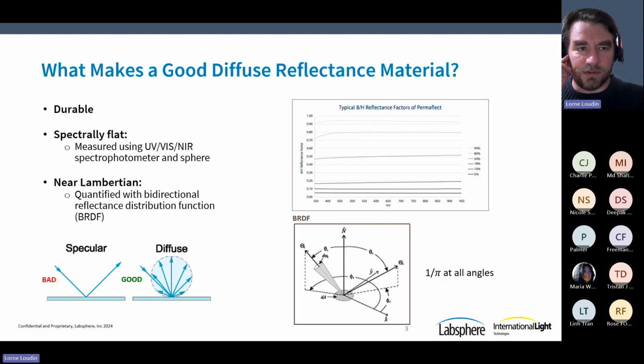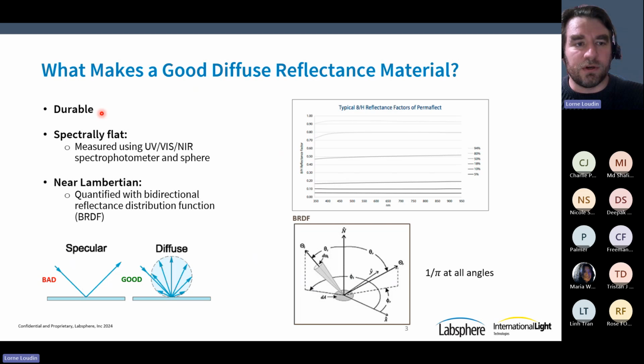Jumping right into the topic for today, we'll start with what makes a good diffuse reflectance material. The first thing I have on the list is that a diffuse reflectance material be durable. Certainly there are matte papers and other materials out there that exhibit a pretty nice near Lambertian diffuse reflectance over a particular spectral range, but those materials are not durable, and so the applications that they can be used in are quite limited.